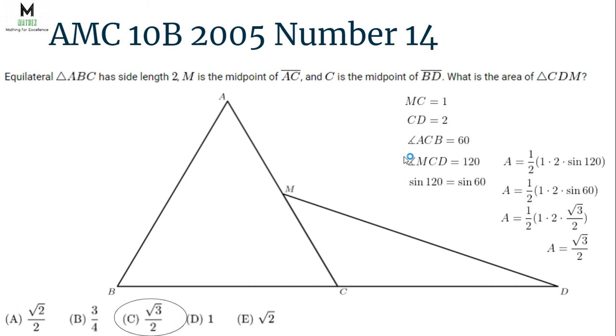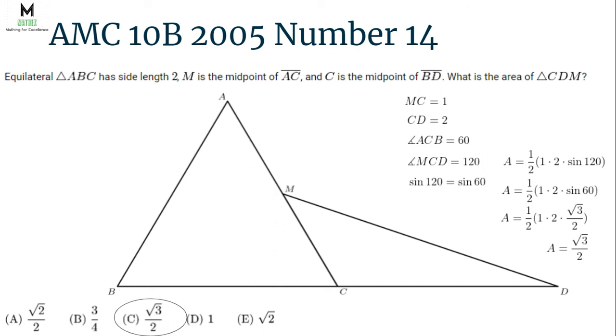So as you can see, we used an interesting method to solve this mid-tier AMC 10 problem. Even though this method had a little bit of trig in it, the amount of trig needed to properly utilize this method was still not unbearable, as we already know a couple of sine values. So using this method, you can find the area of any triangle if you just know 2 of its side lengths and the angle sandwiched in between them.